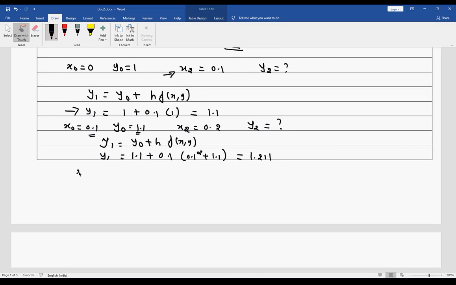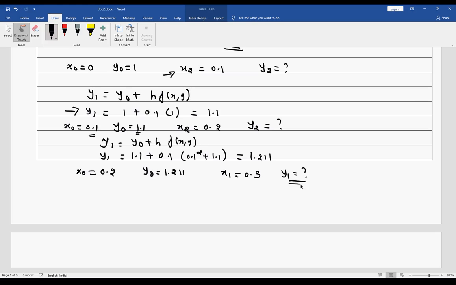So now again I write it. My x0 will be 0.2. Okay. And my y0 will be 1.211. And my x1 will be now 0.3. And I need to find what is the value of y1.